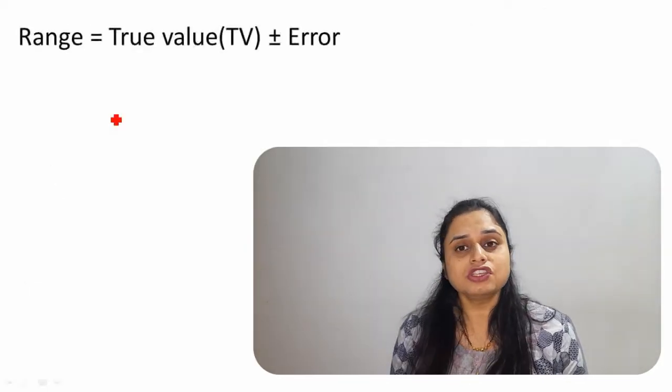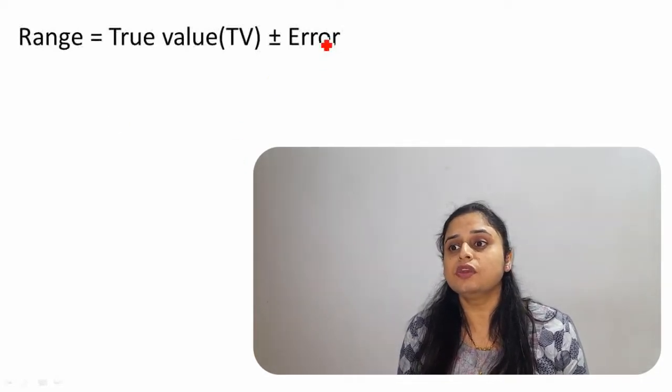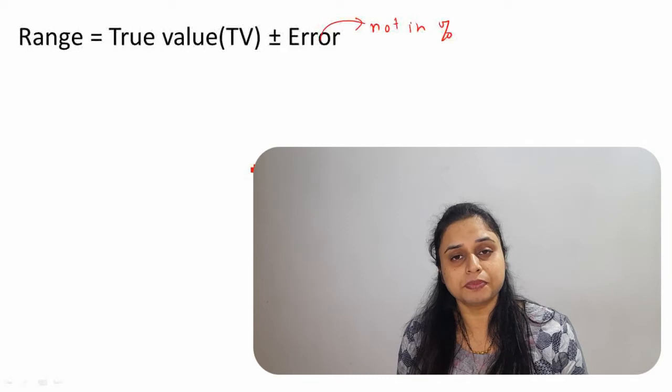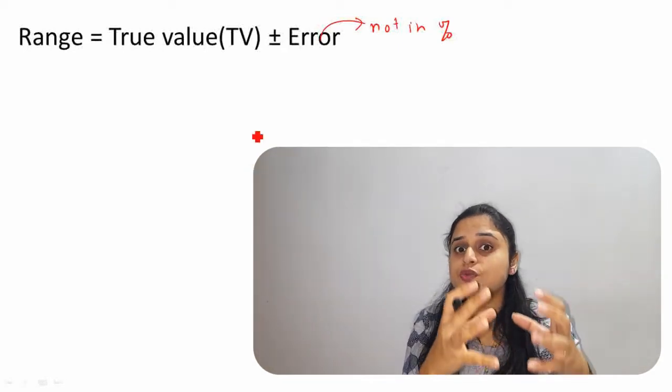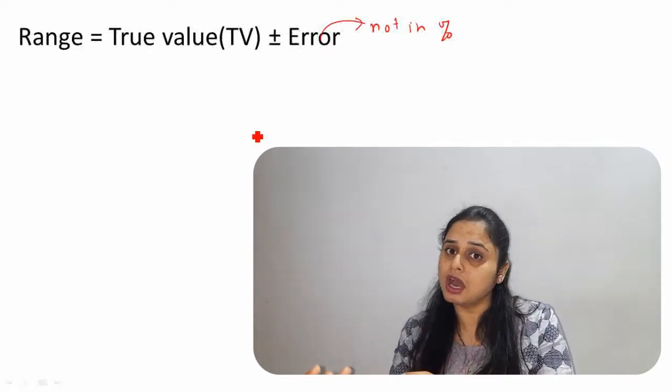The formula for range is true value plus minus the error. Here we know that this error is not in percentage. So first find out the range for R1 and the individual range for R2.